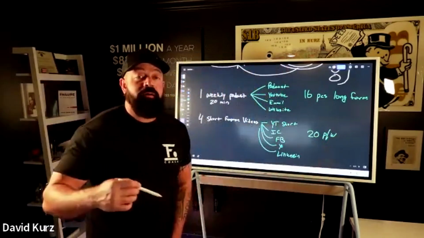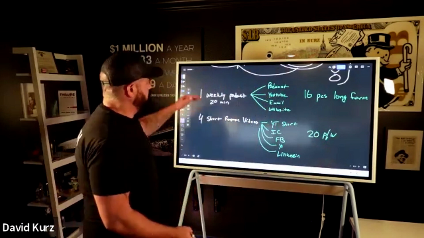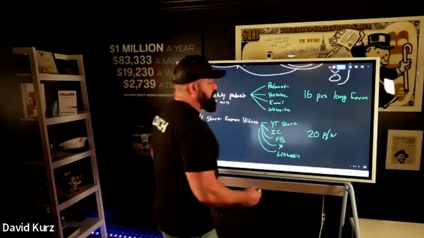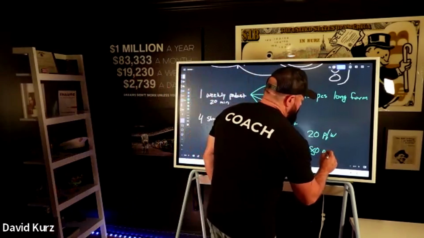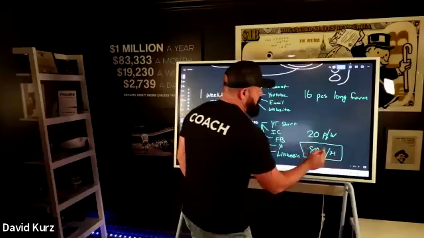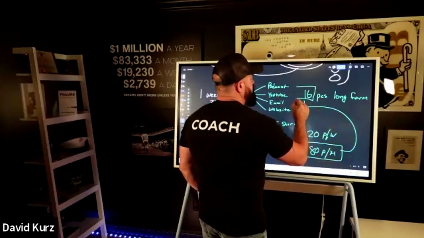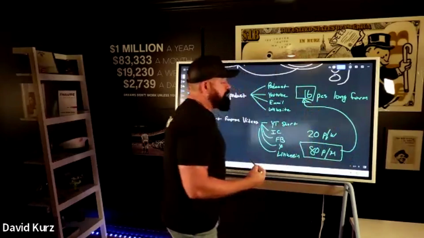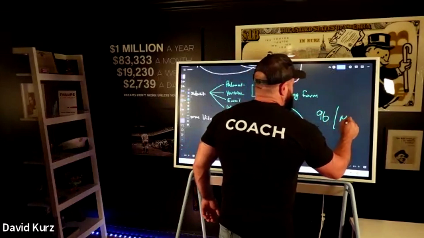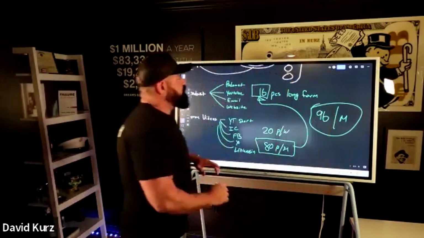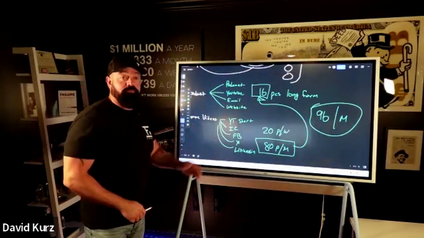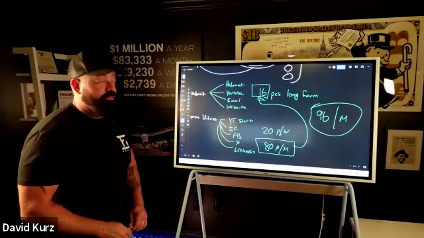And if I multiply that by 4 weeks in a month, that gives me 80 pieces of content per month, right? If I take the 80 pieces of content per month and add it to the 16 pieces of long form content, I've just created 96 pieces of content for the month without doing anything else, by recording one video a week and creating short form videos from it and getting it out in multiple pieces.